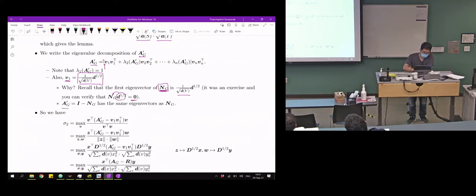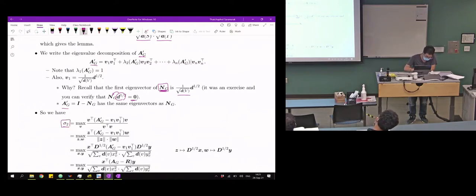But A prime and N would have the same eigenvector, because A prime is just I minus this. So they have the same eigenvector.